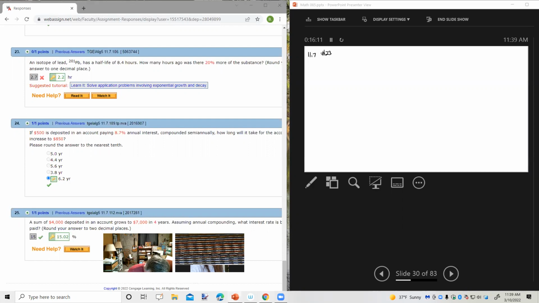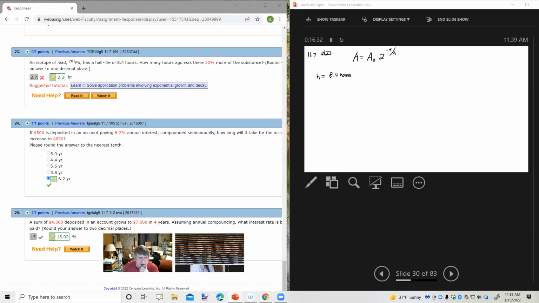Okay, so we've got our half-life formula. A equals A sub 0 times 2 to the negative T over H power. We know that the half-life is 8.4 hours. That's given.